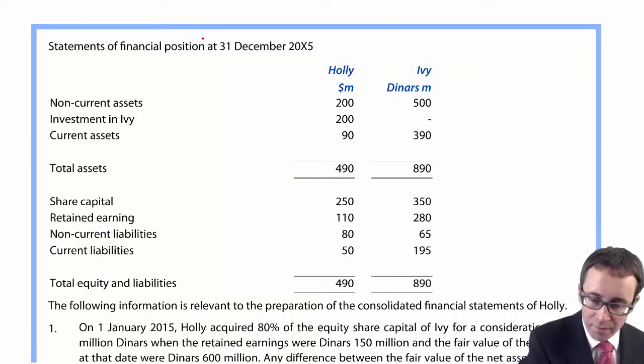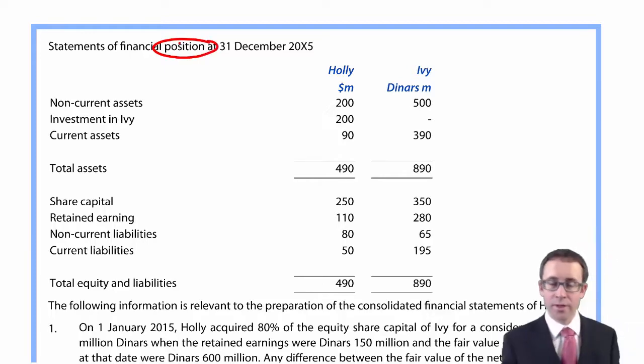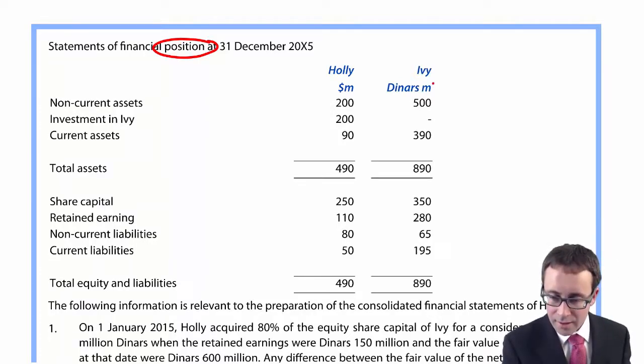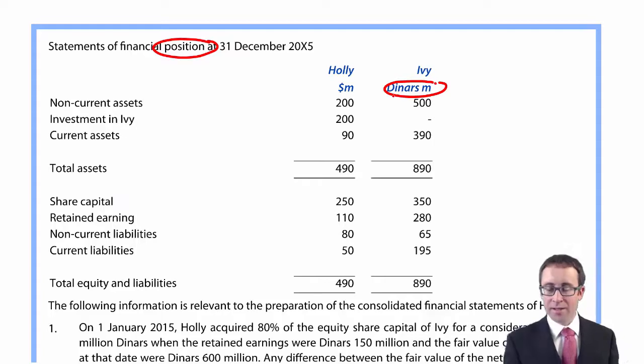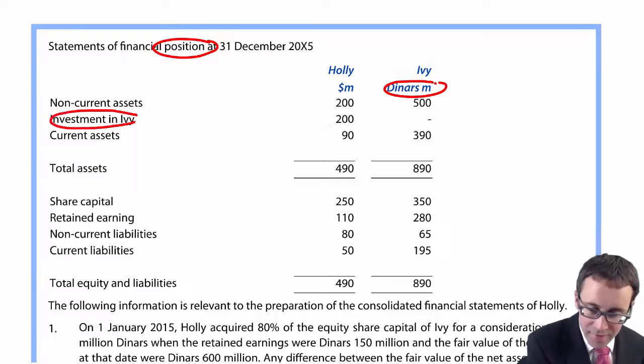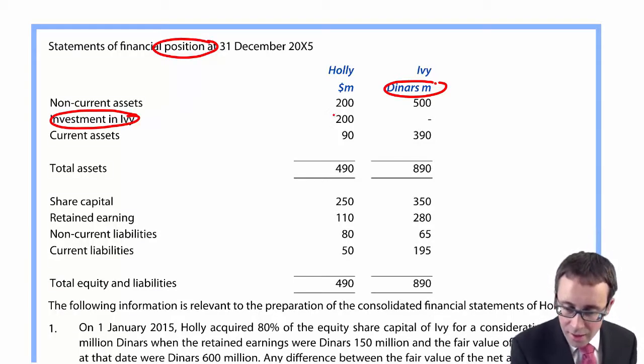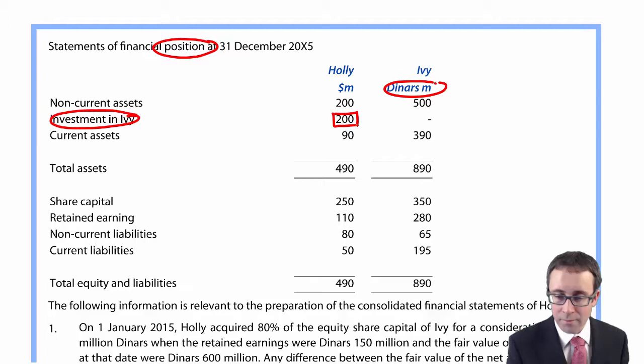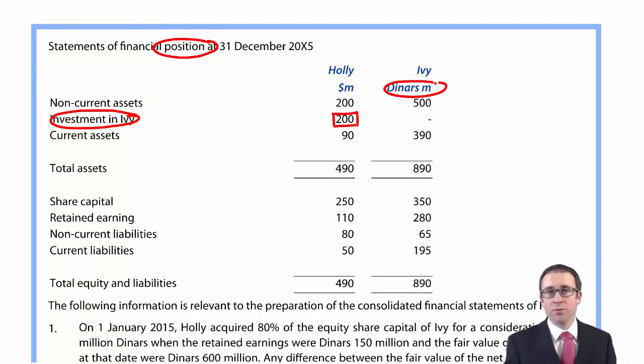So when we look there at the position statement, we can see the two companies, Holly and Ivy. And again, Ivy is denominated in millions of dinars. Again, what you can see there is you have an investment in Ivy that is at $200 million. So my assumption would be that Holly is the parent, maybe Ivy is the subsidiary.